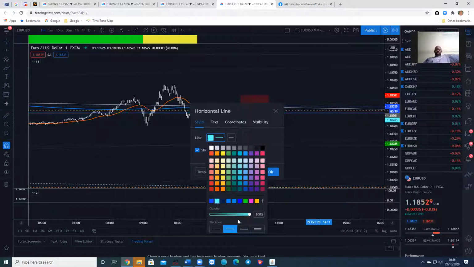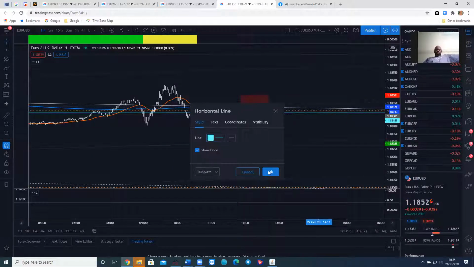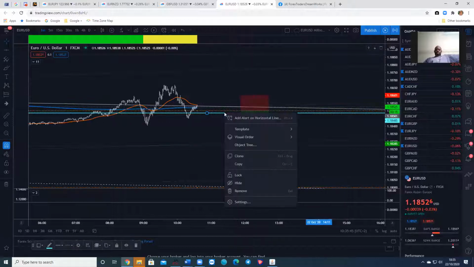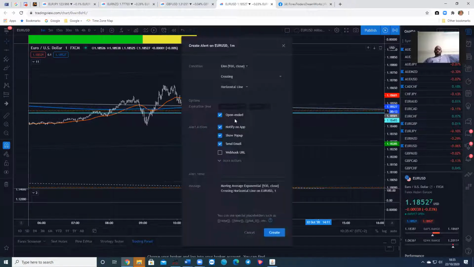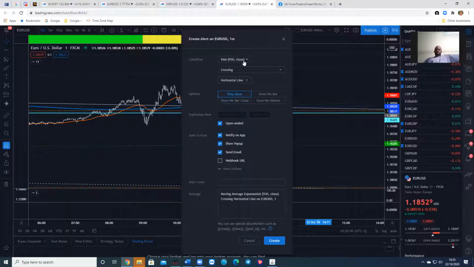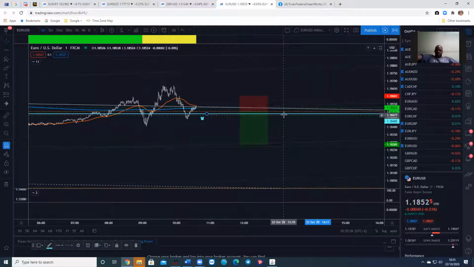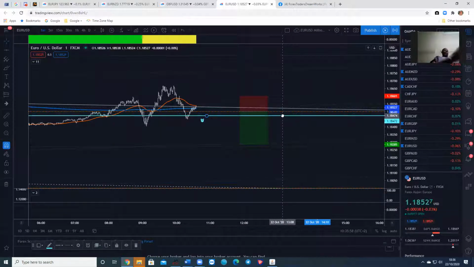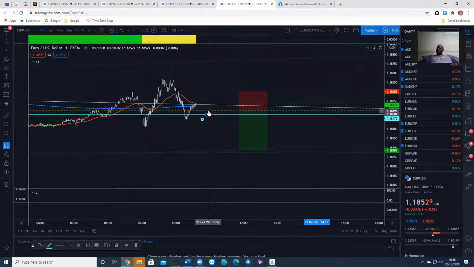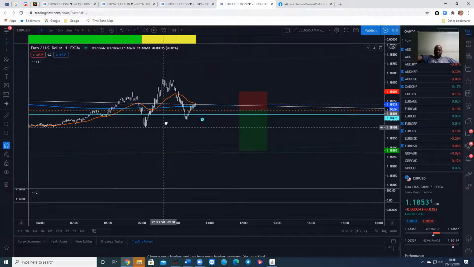If anyone's got any questions, feel free, by the way, to ask. Not a problem. Add alert there. So let's just put that like that. Oh, just move that. The reason I've moved it down is I've got too many lines going on, and it'll go off if I put it in that little wedge there.